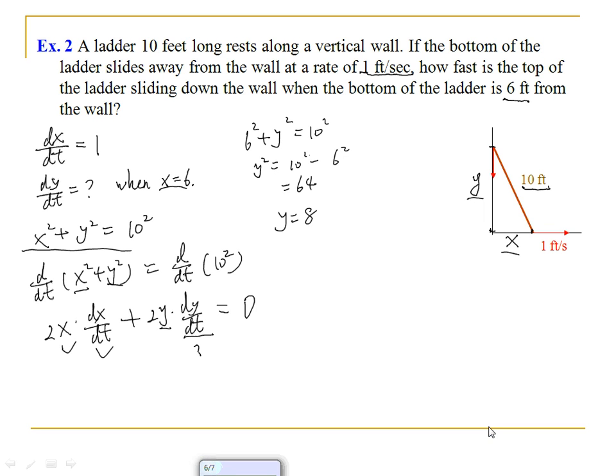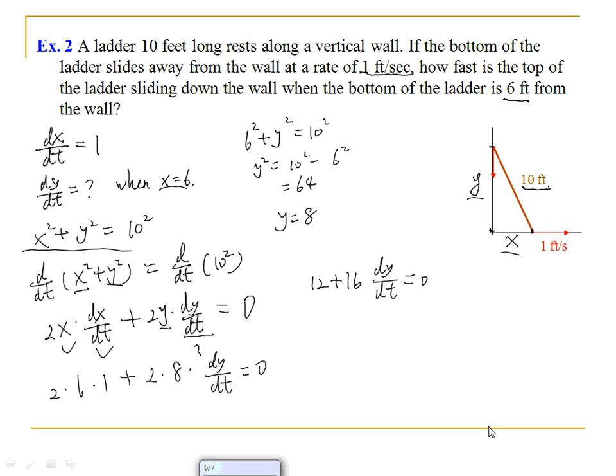We just plug into this equation. You get 2 times x is 6, dx over dt is 1, plus 2 times y is 8, dy over dt equals 0. So you simplify that, you get 12 plus 16 dy over dt is equal to 0.